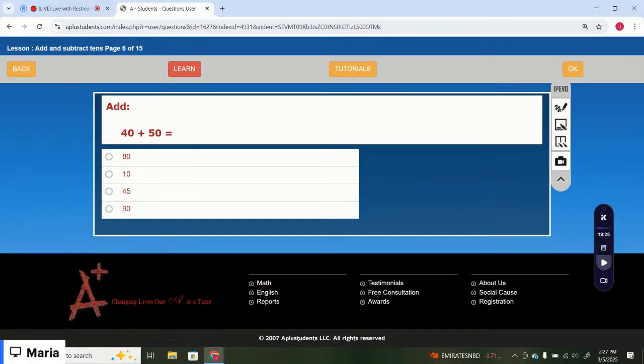Adding or subtracting 0 means the number stays the same. So 10 it is.